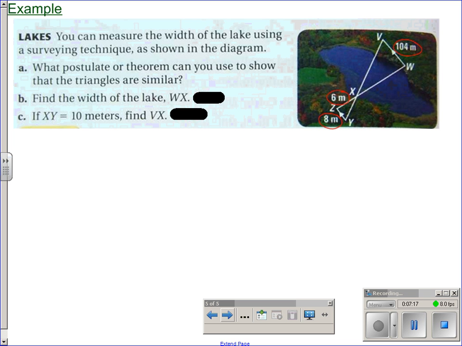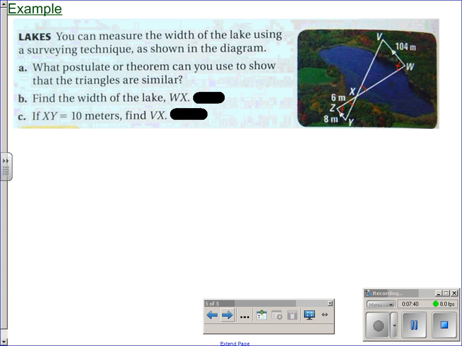It says what postulate or theorem can you use to show that the triangles are similar to each other? All right, so let me get rid of those circles. Now, you notice those two parallel markings. One, we have vertical angles, so there's a pair of angles. But because of these parallel lines, we got alternate interior angles. So there's two pair of angles that are congruent.